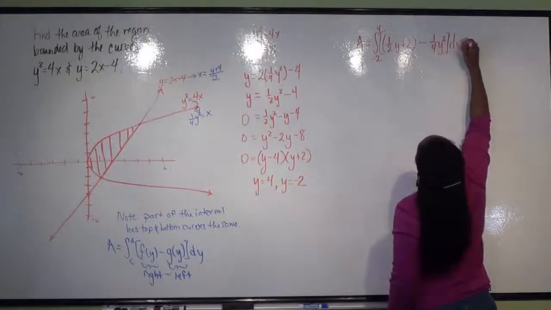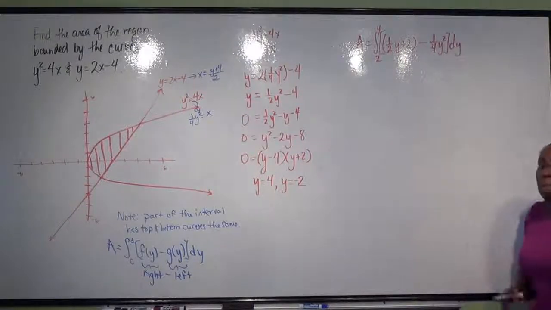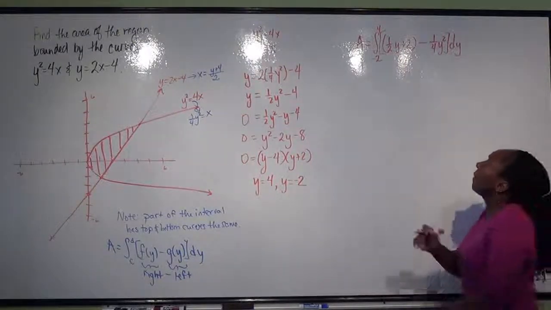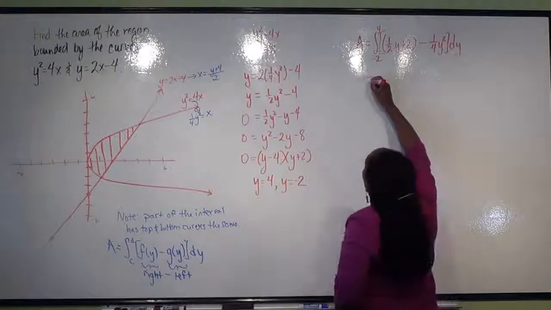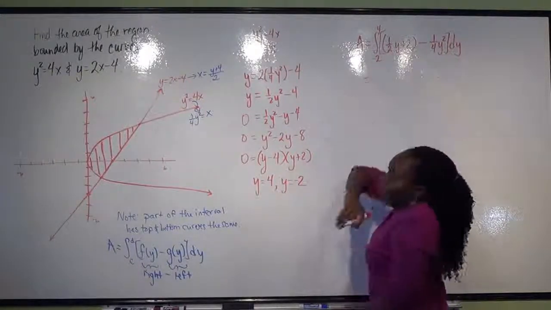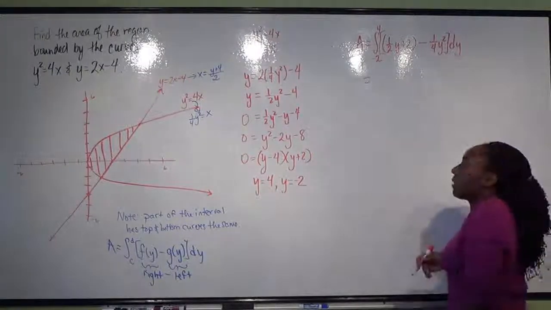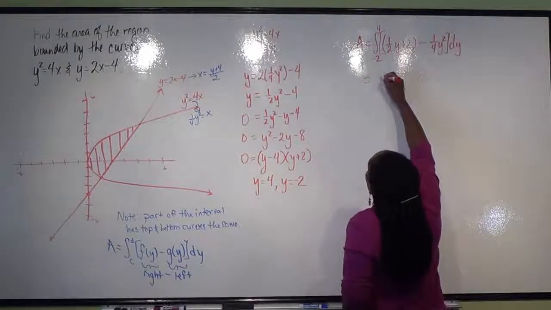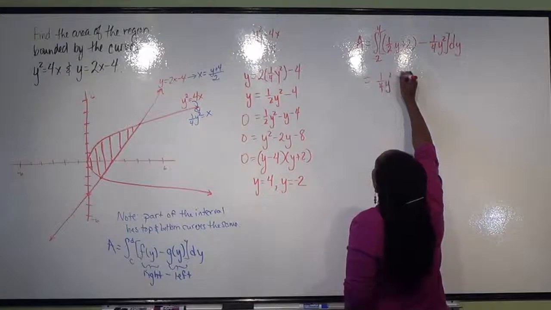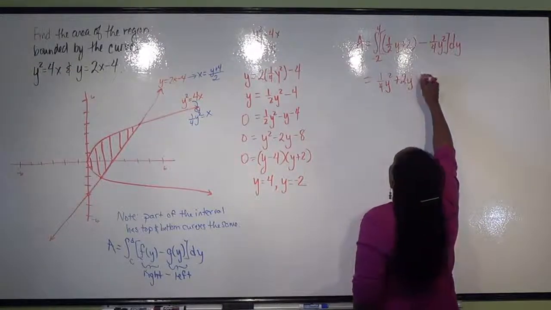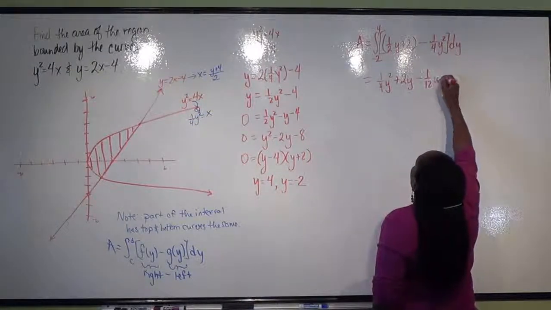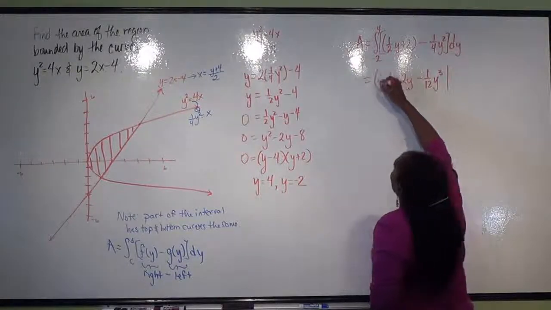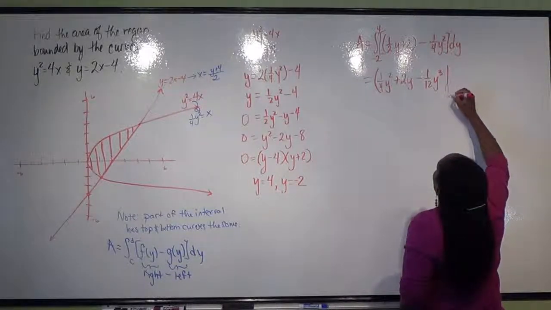Here again, we're integrating with respect to y. Okay. So, taking our antiderivative, again, x's and y's, just different variables. I'm going to take the antiderivatives the same way. So, the antiderivative here is going to be 1/4 y squared plus 2y minus 1/12 y cubed. And we're going to evaluate that from -2 to 4.